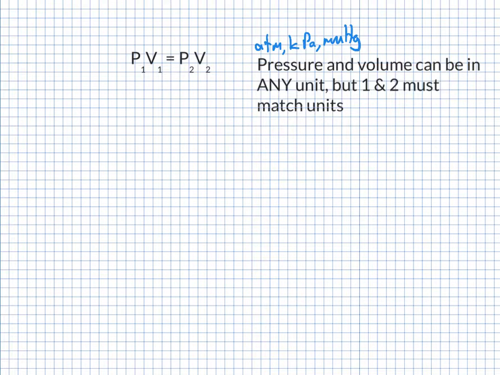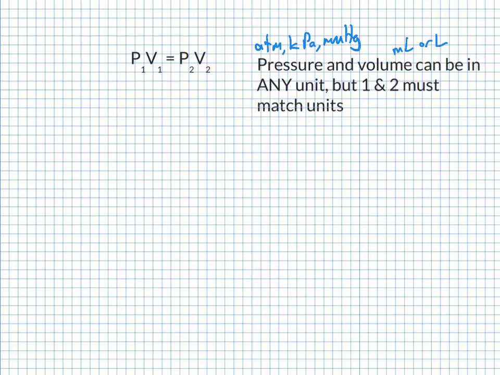The thing to remember is that pressure 1 and pressure 2 just have to be in the same one. You can't have one of them in atmospheres and one of them in kilopascals. That doesn't work. For your volume, you're most often going to see milliliters or liters, and again, same thing applies. Volume 1 and volume 2 just have to be in the same unit.